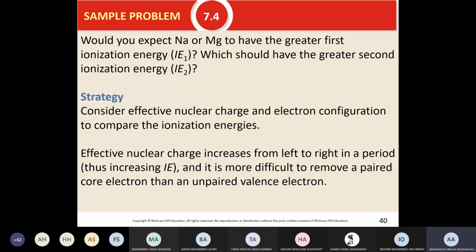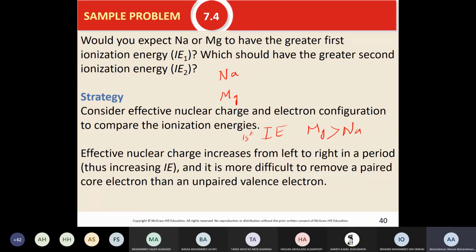Let's have sodium and Mg. Which one will have a higher first ionization energy? Mg is greater than sodium.